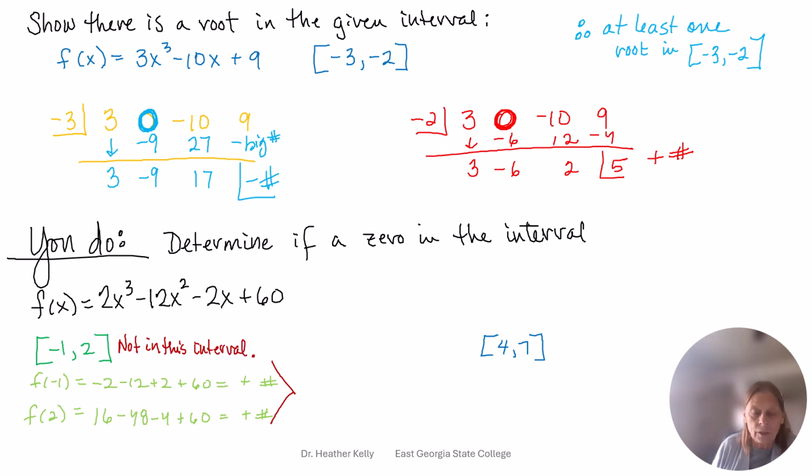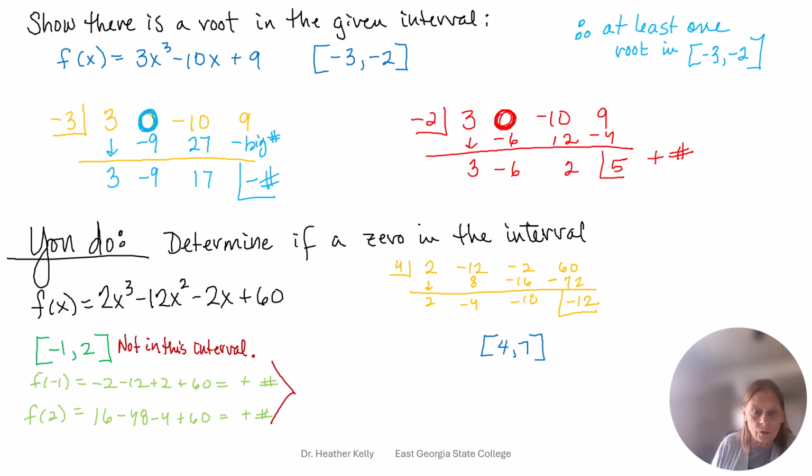Over here, I'm actually going to do the synthetic division real quick. For the 4, we've got 2, -12, -2, and 60. Bring down our 2. We have 8, -4, -16, -18. It's like 20 times 4 is 80, so -18 times 4 is going to be a negative number bigger than that, but I'll go ahead and figure it out. -72 gives us -12.